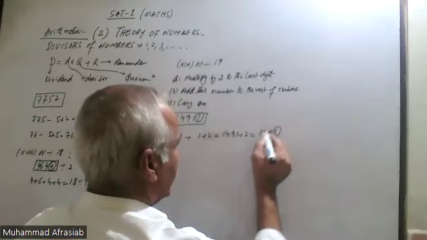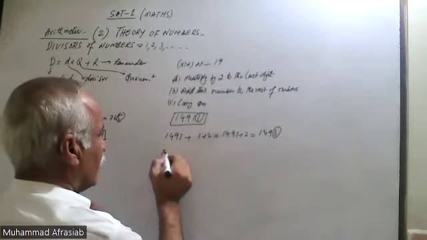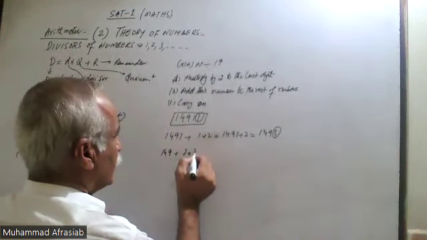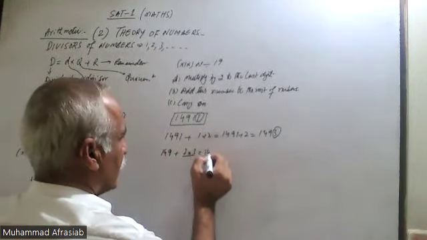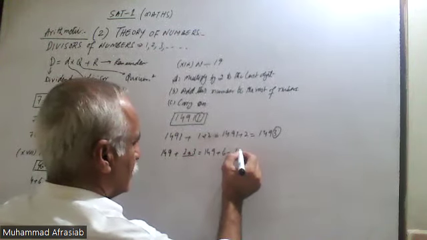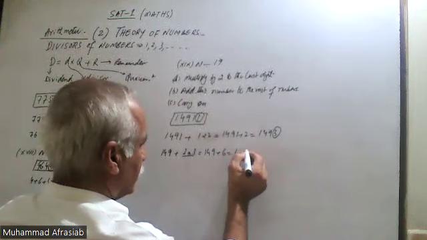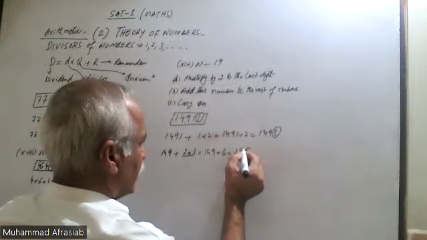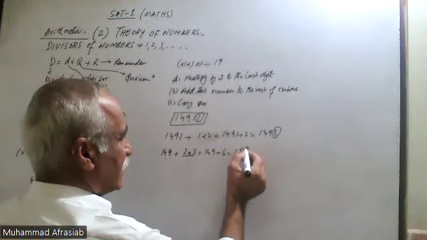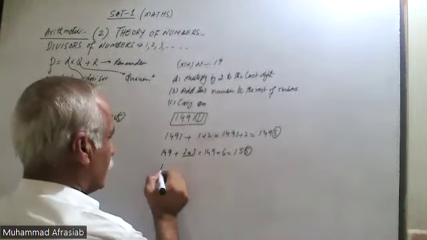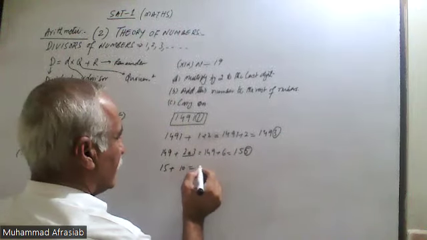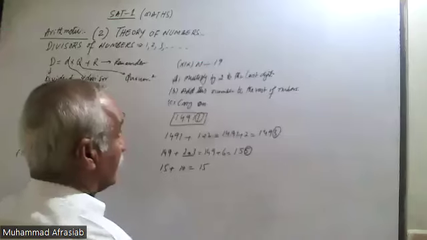Again, the last digit here is 1. So 150 plus 2 into 1, that is equal to 152.